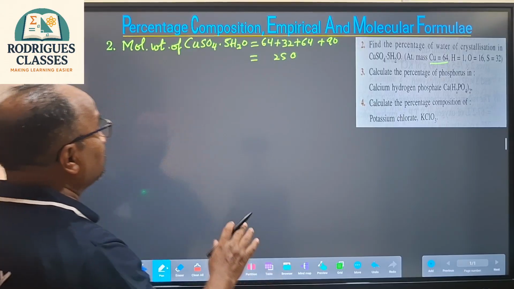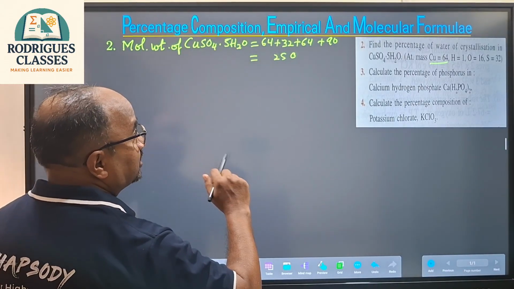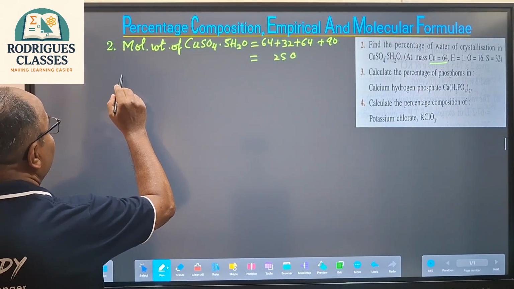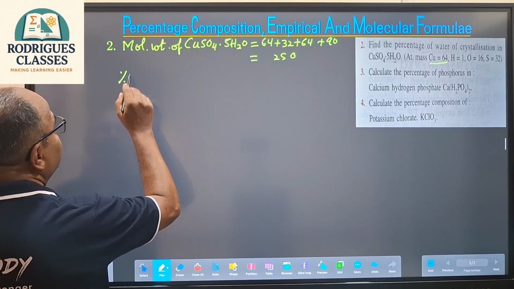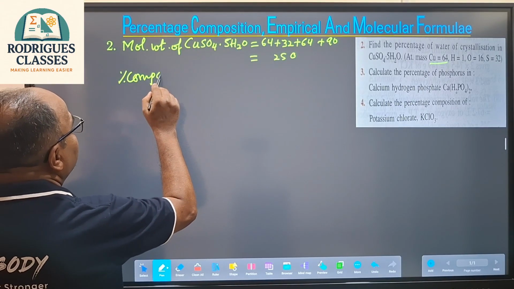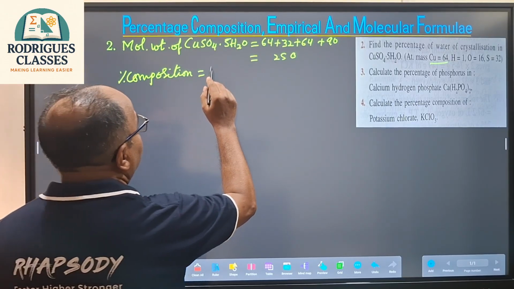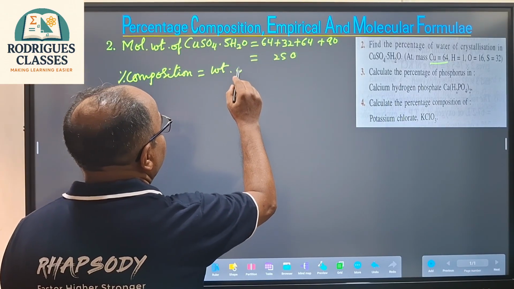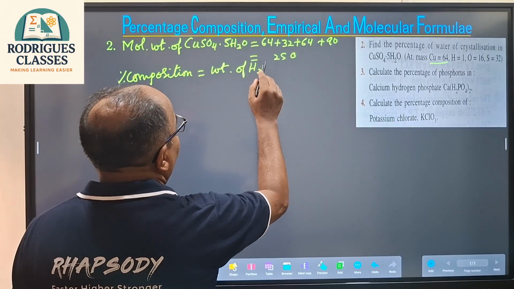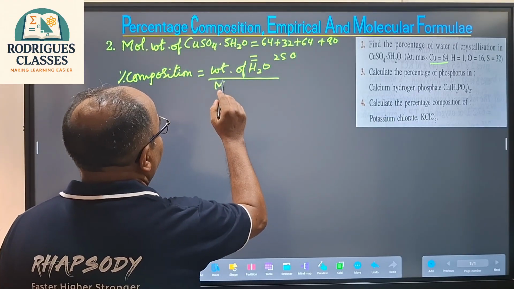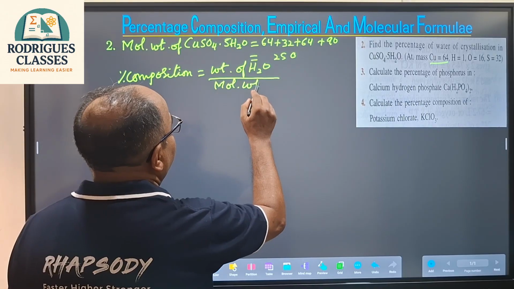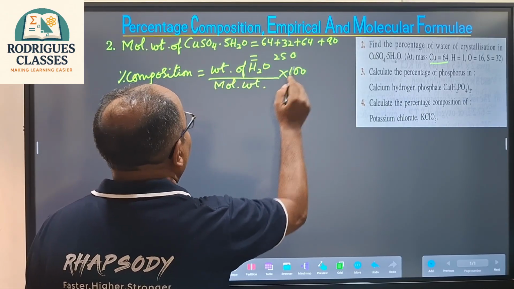We need to find the percentage for water of crystallization. So we write the percentage composition formula, which here is the weight of water, because we have to find its percentage composition, divided by the molecular weight, into 100.